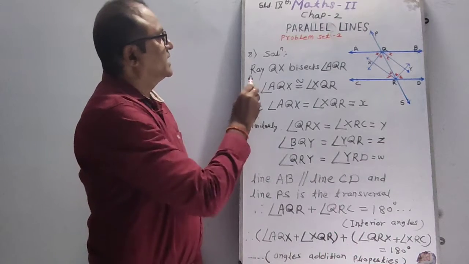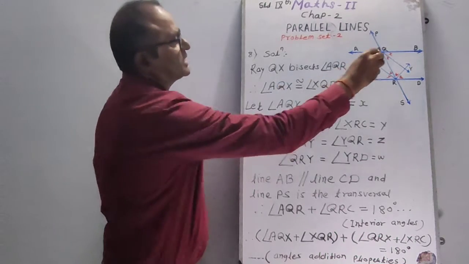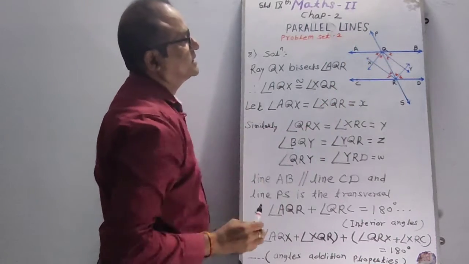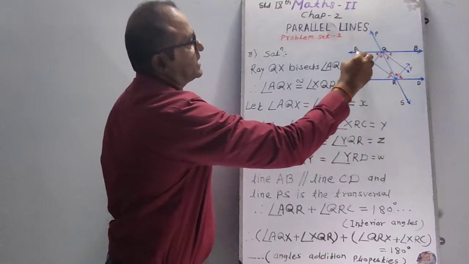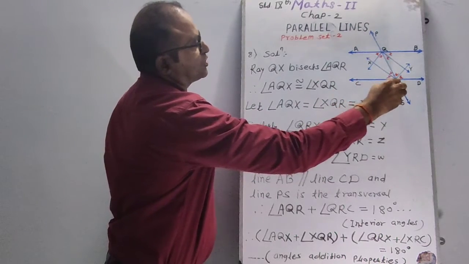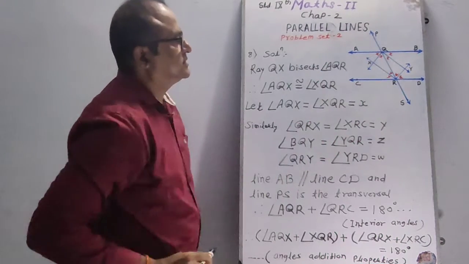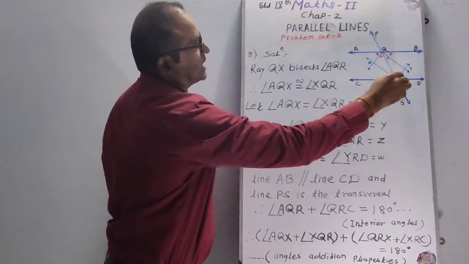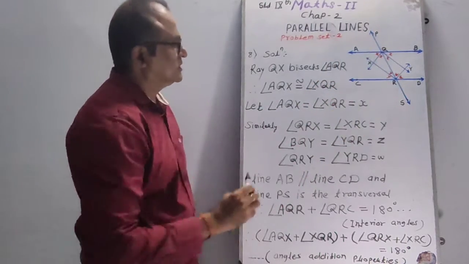Let's see. Ray QX bisects angle AQR. Therefore angle AQX is congruent to angle RQX. Let angle AQX equal angle RQX equal x.